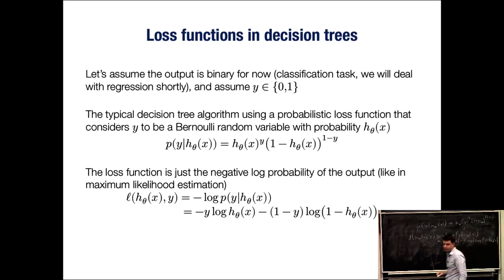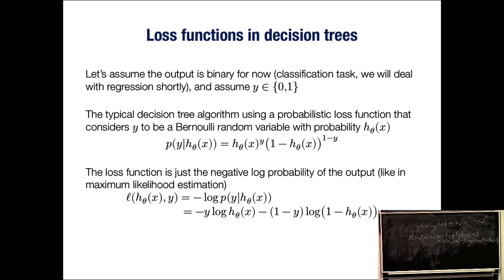Okay, so that's our loss function for a decision tree. We want to construct a tree that minimizes this function on the training data over all possible trees. That's the goal that we have set out.